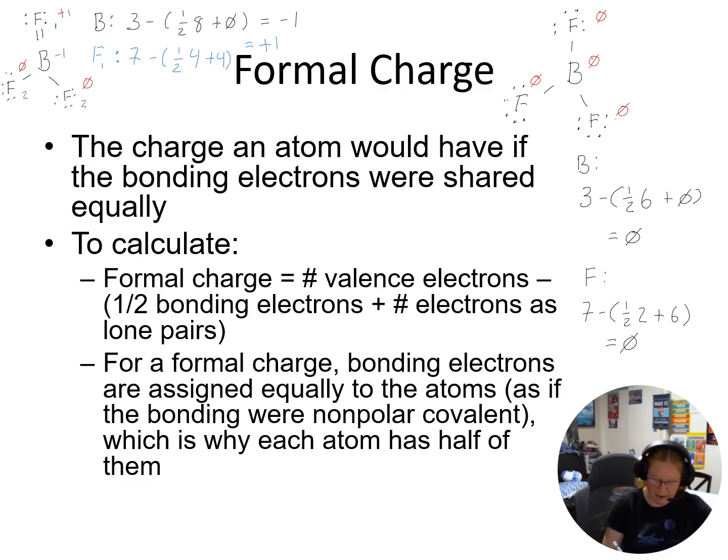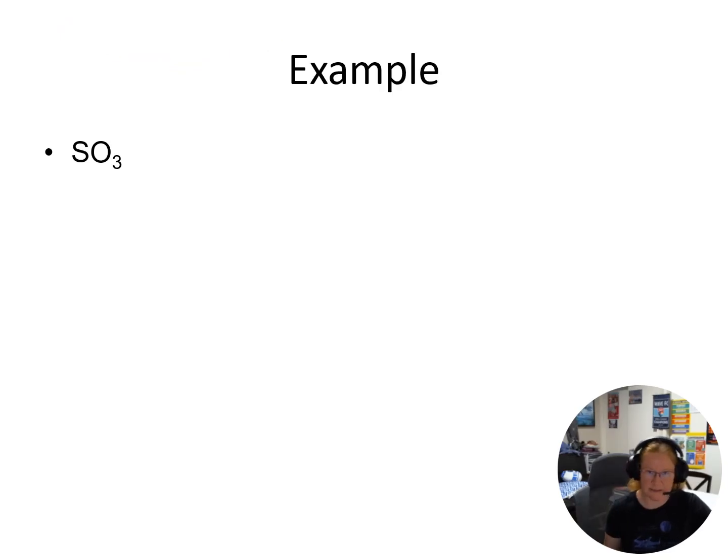Okay, so now let's take a look at sulfur trioxide. We can have resonance here. I'm just going to draw one of them. Here, oxygen 1 is the one with the double bond, and then oxygen 2 has the single bond.